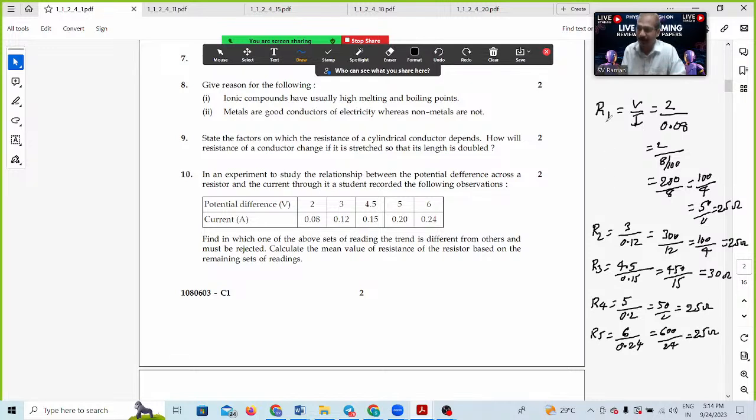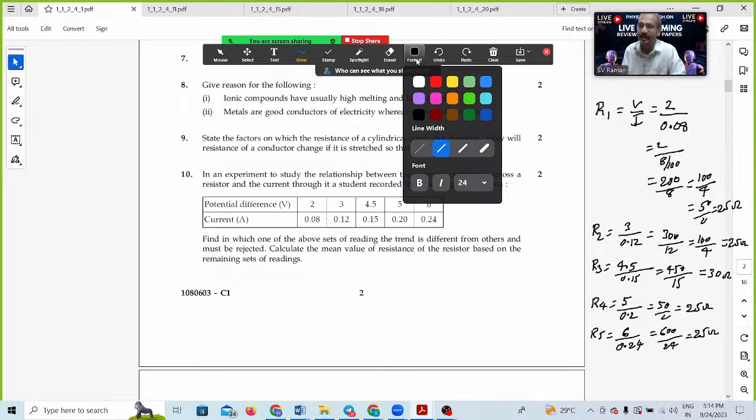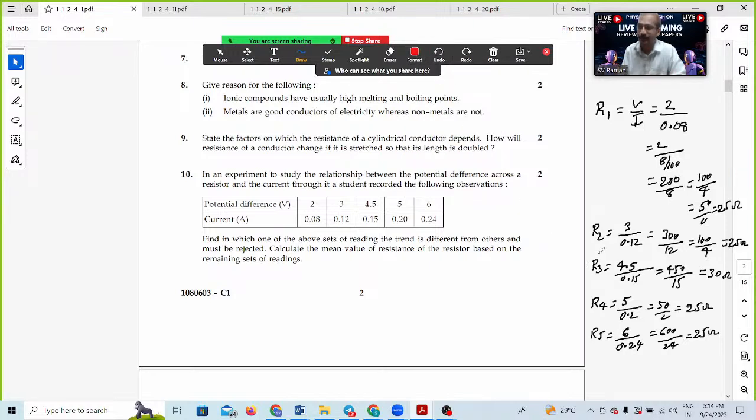Now, first student, second student, fourth student and fifth student, they got the 25 ohms of resistance. The third student, he got a different value. Yes or no? So we have to neglect this R3 resistance, which is different.